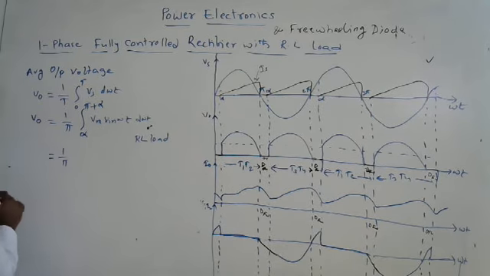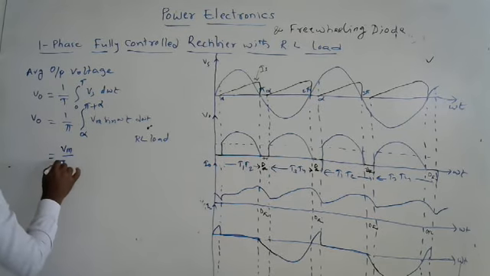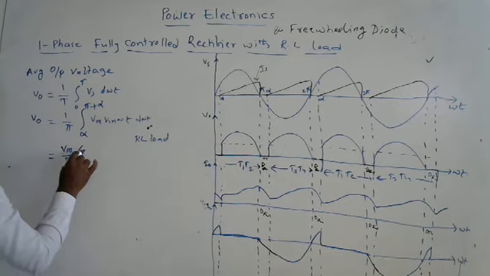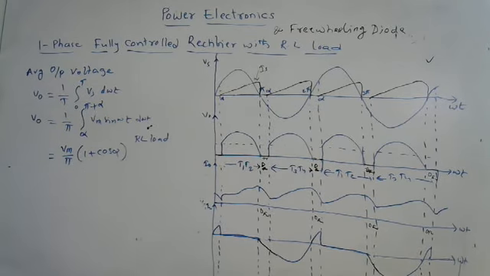I think we'll write here Vm by pi 1 plus cos alpha, if I am not wrong. It is 2 Vm by pi cos alpha, right?